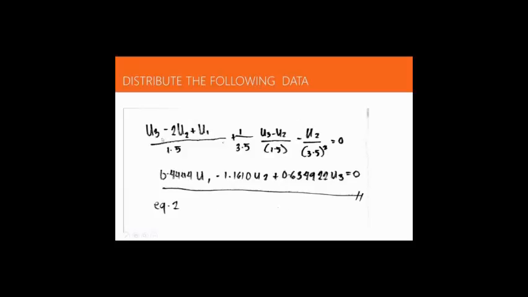So u of 3 minus 2 u of 2 plus u of 1 over the value of delta r, which is 1.5 squared, plus 1 over 3.5 times u of 3 minus u of 2 over 1.5, minus u of 2 over 3.5 squared is equal to 0.